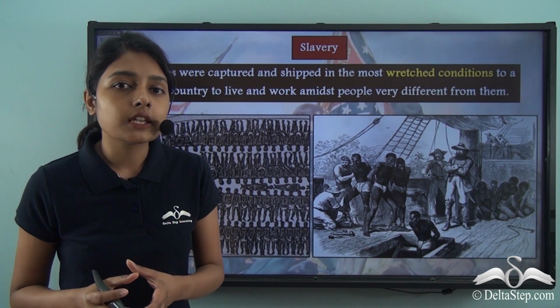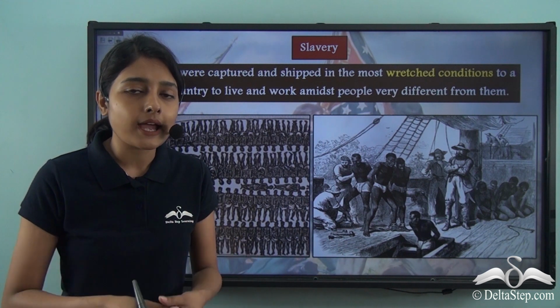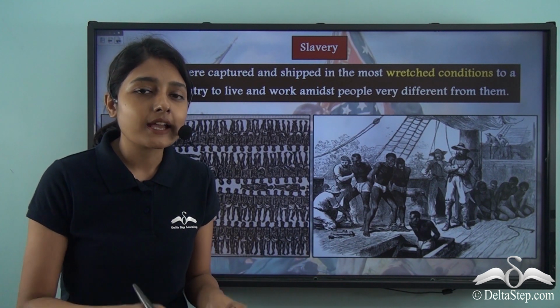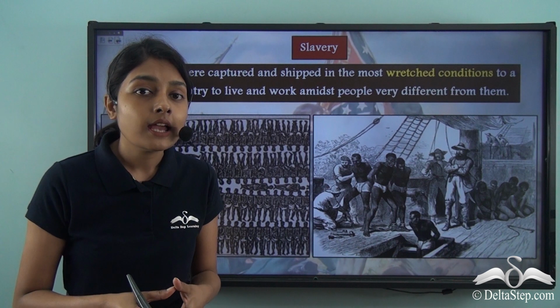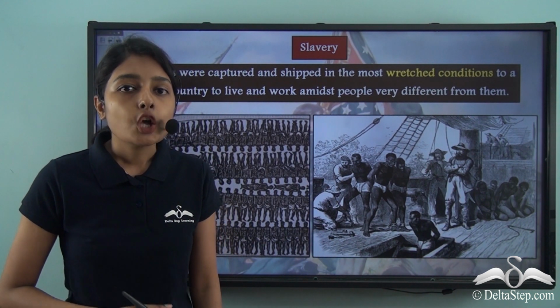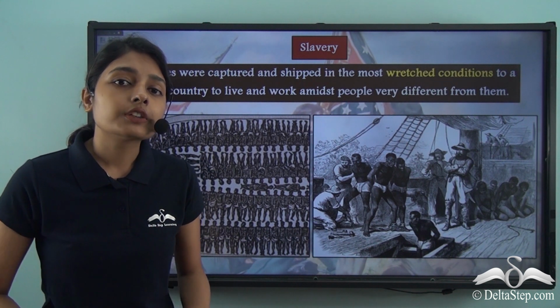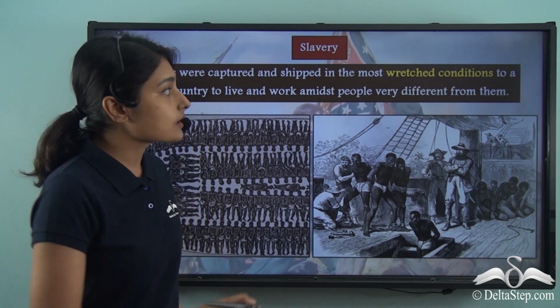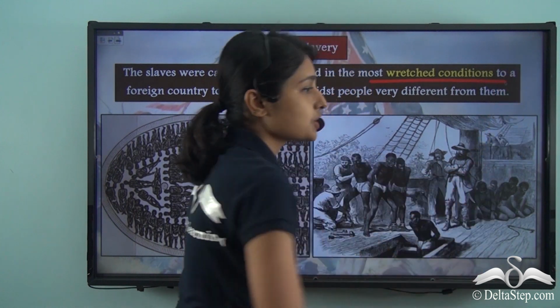Now this is something we have seen while we pack our bags. We try to pack our bags with as many things as possible, and can you imagine, human beings were being shipped in this way. So many people died on the ships itself because of wretched living conditions.